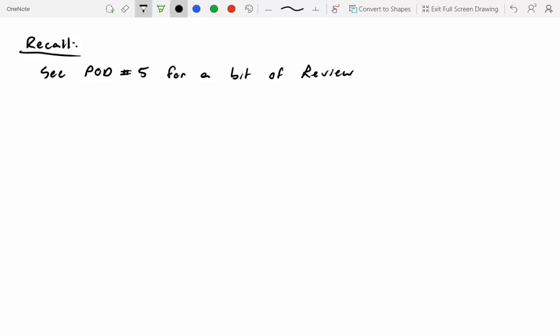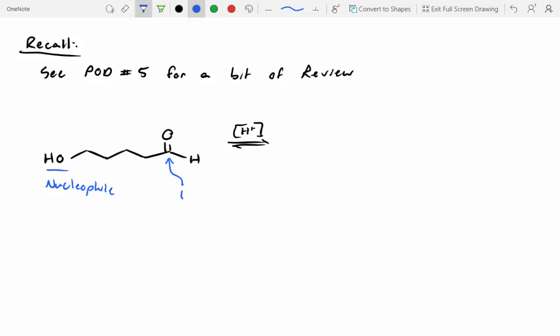It's also in the course notebook. But the general idea was that if you've got a molecule like this, and you treat this with catalytic acid, you've got one end that's a nucleophile, and over here you've got an electrophile.